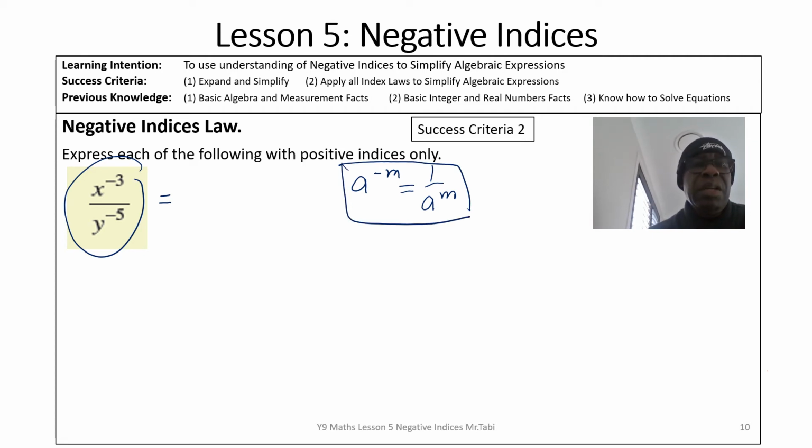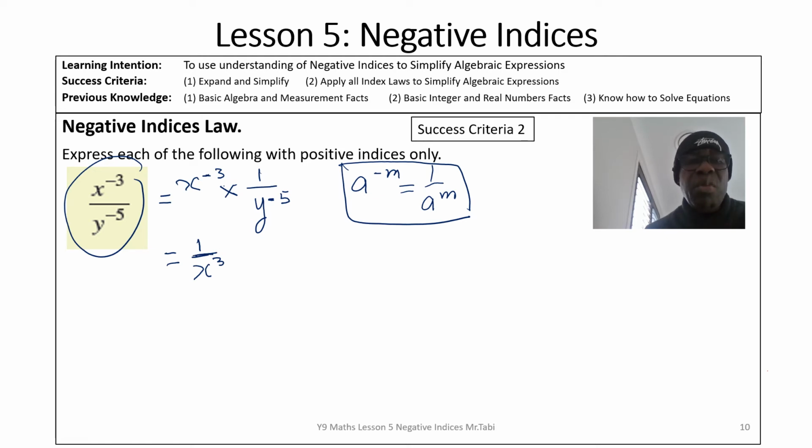So if you separate these things, you've got x to the power minus 3 times 1 over y to the power minus 5. So that would be equal to 1 over x to the power of 3.